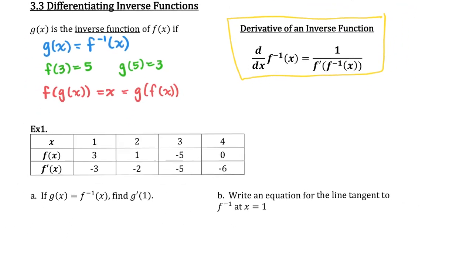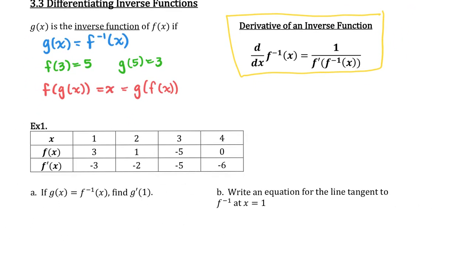Okay, let's look and see where we might use this. For example, I'm given this table and I'm told for part A that g of x is going to equal f inverse of x, and they want me to find g prime of 1. Now g is the same as f inverse.